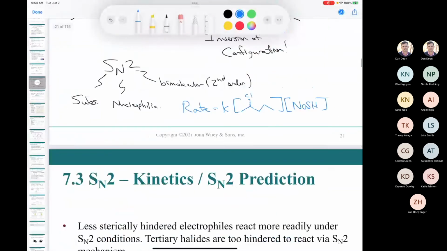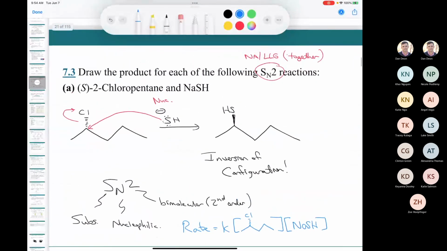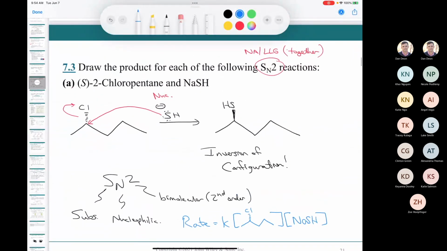I was just checking my notes to see if there's a question that I wanted to ask you, but let me just ask you very quickly, and you can either unmute your mic and yell me the answer, or you can type it in the chat. Let's just say this is our rate law for this reaction that's on this slide. What would happen to the rate if I doubled the concentration of the alkyl halide?